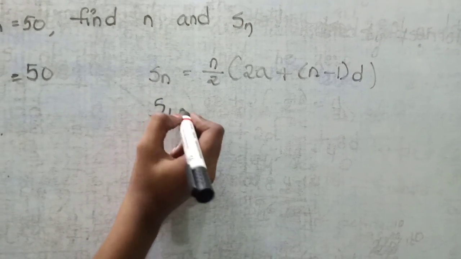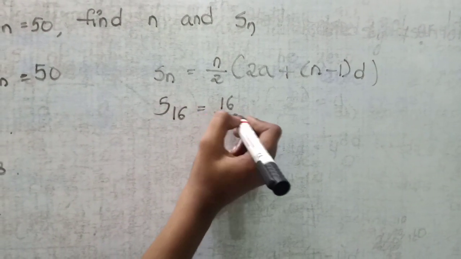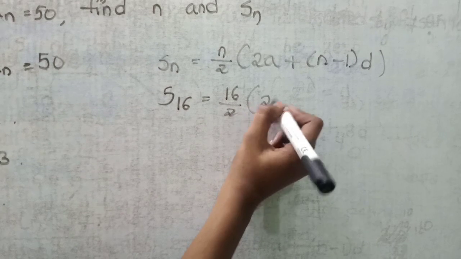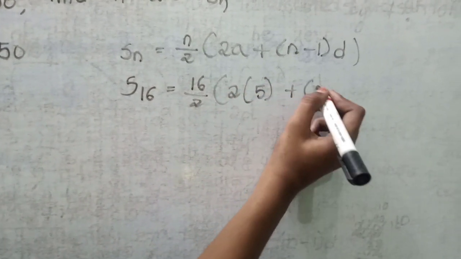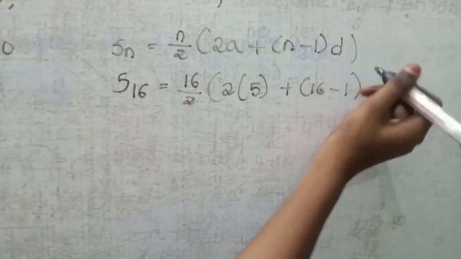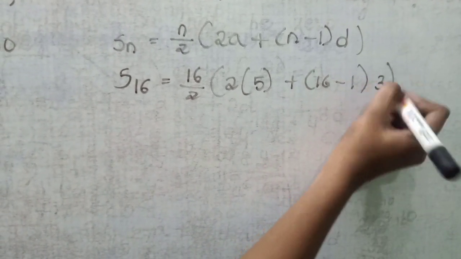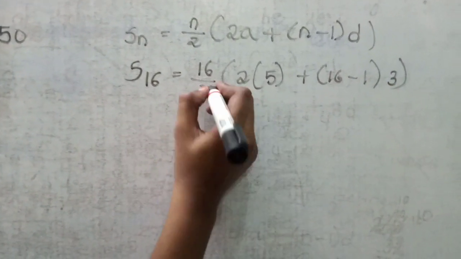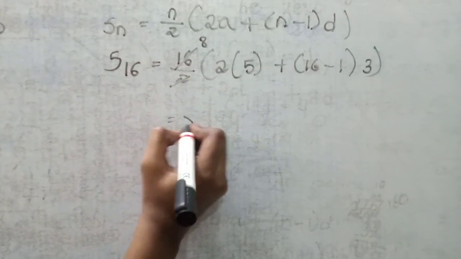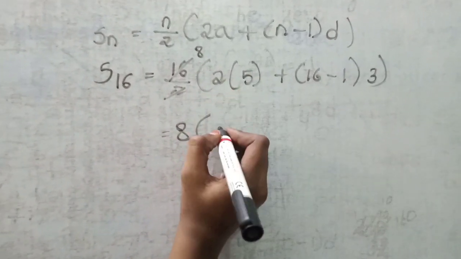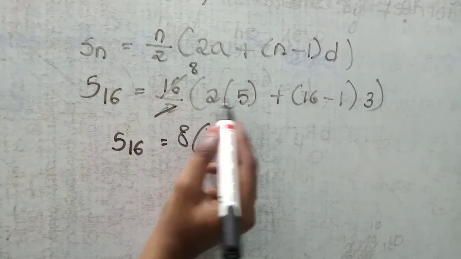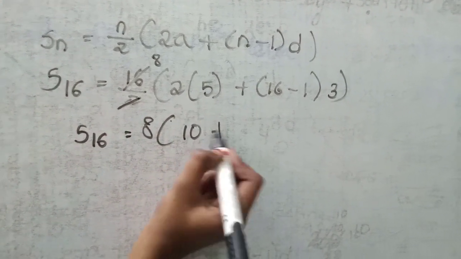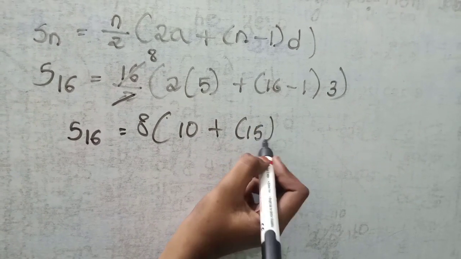So S16 is equal to 16 by 2 into 2 into 5 plus 16 minus 1 into 3. 8 into 2 into 5, 10. 10 plus 15 into 3.